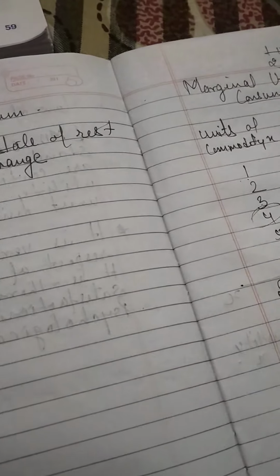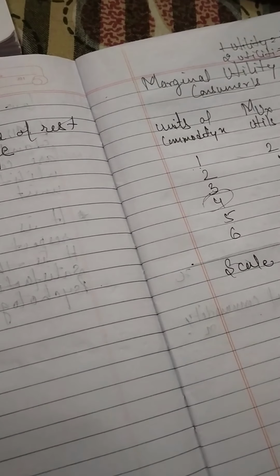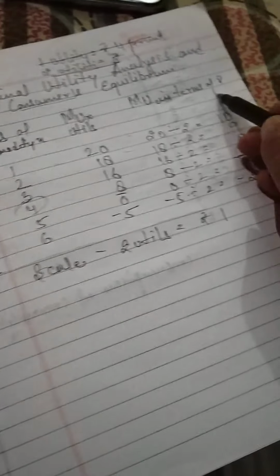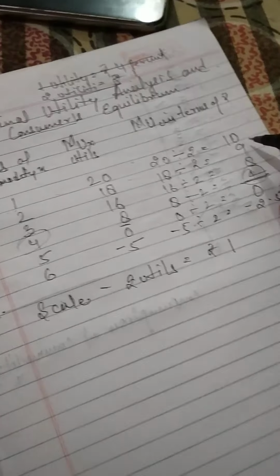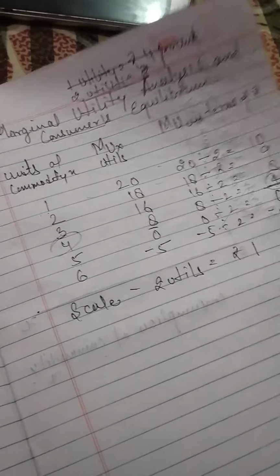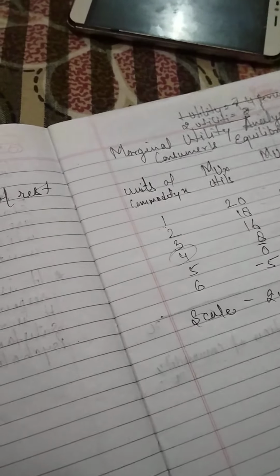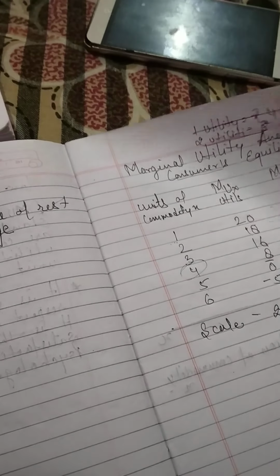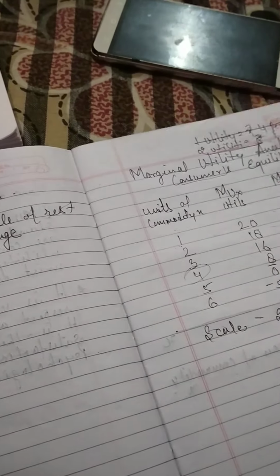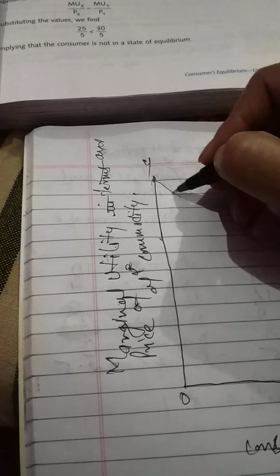As we have seen in the data, our curve of marginal utility in terms of rupees is coming downwards: 10, 9, 8, 4, 0. When we have the consumption of 1, marginal utility is 10. Means when we are not consuming, we start from here at 0. And in the same way the curve will come down like this.